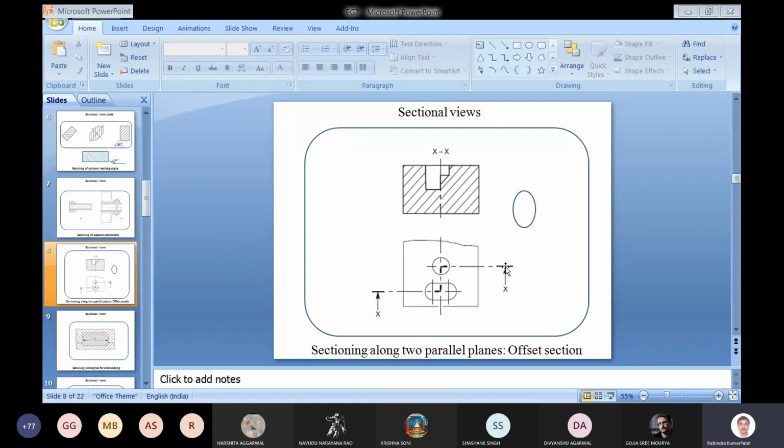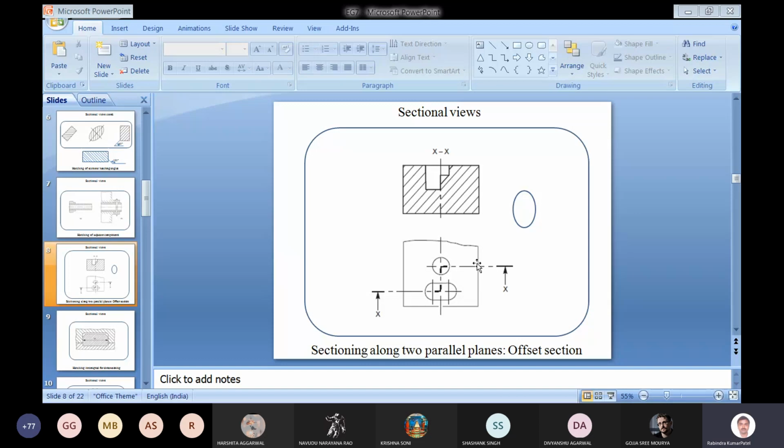So in this, what we do is draw a complete section like shown here. The difference is at the place where the difference of these two cutting planes is, here.